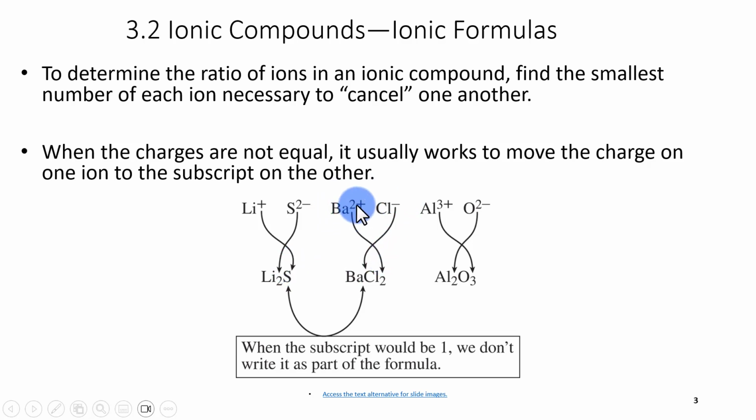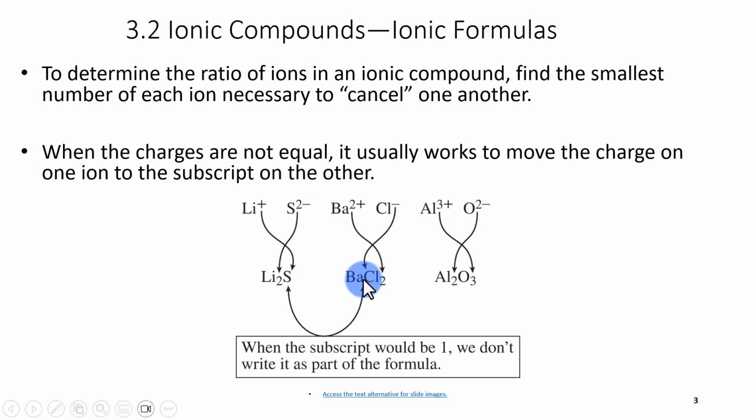Let's do this one. I have barium 2+ and chloride -1. Cross the charges. So take the 2+ from the barium and bring it down as a subscript by the chlorine. Here it is. I take the 2+ and I bring it down as a subscript by the anion. Then I take the -1 from the chloride and I bring that down to the barium as a subscript.